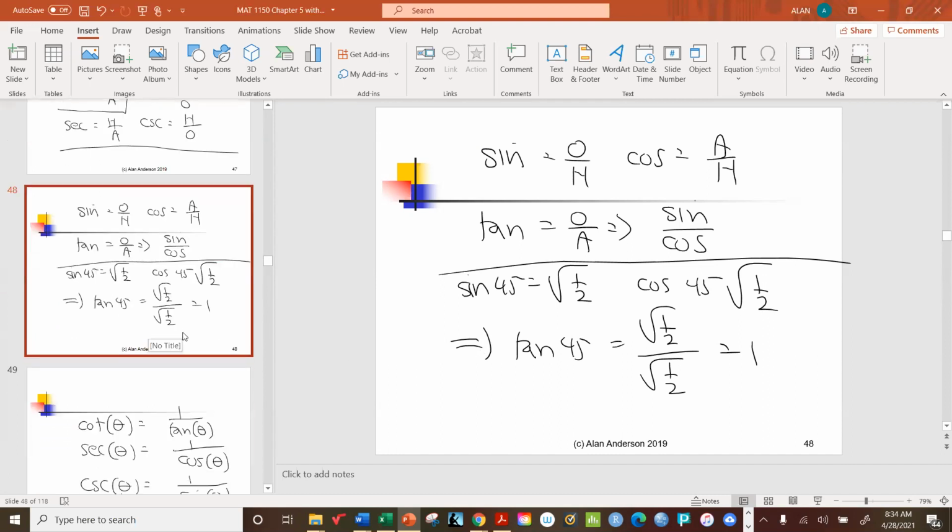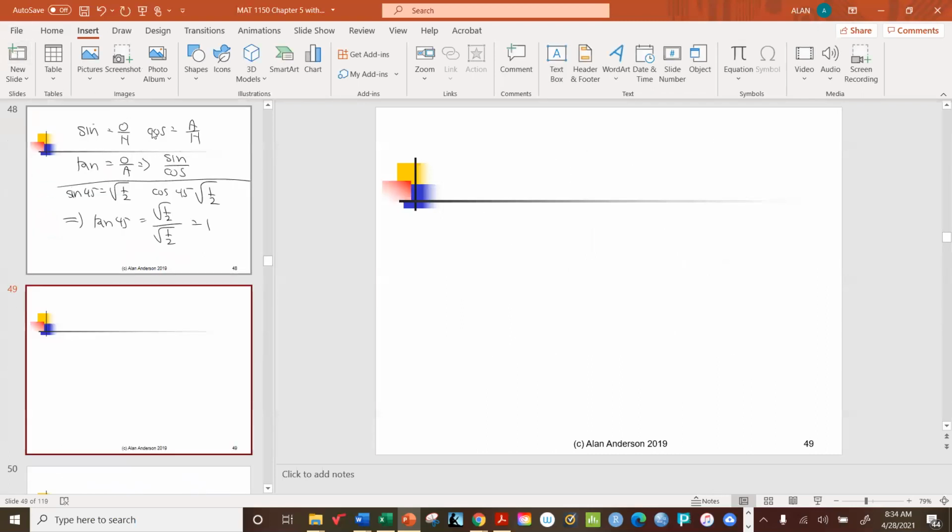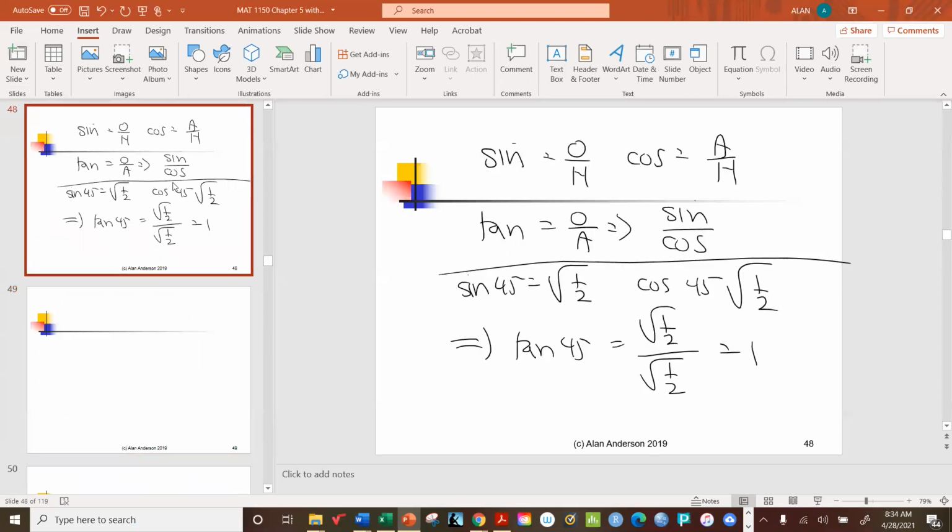See that? Now, while we're at it, that implies that the cotangent is the inverse of that, which is also 1. Okay, so in other words, based on what I've just showed you, actually, let me leave it there for a minute so you can catch up, but I just want to show you that all 6 trig functions can be derived from just the sine and the cosine.